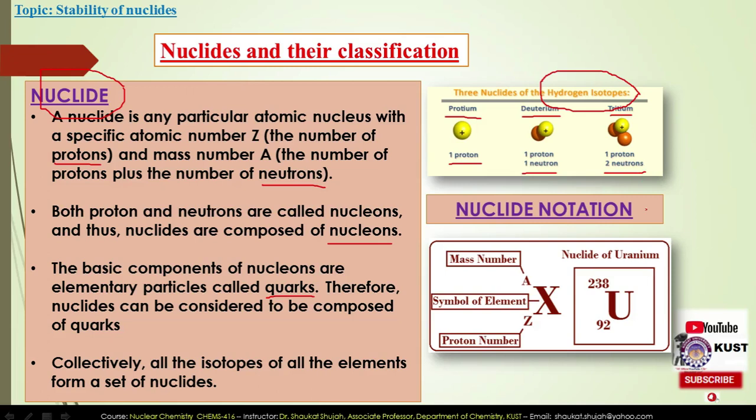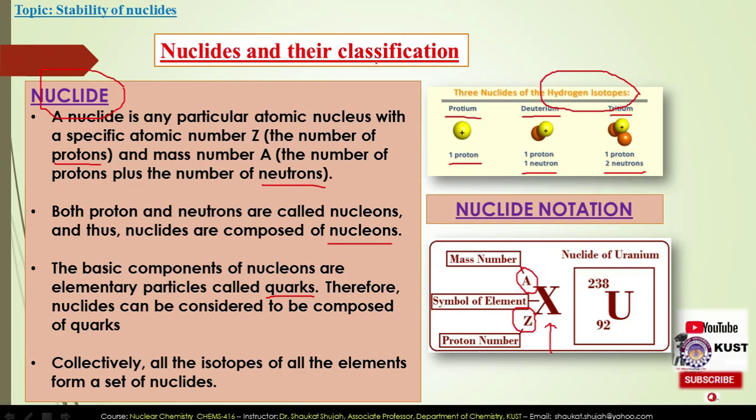These nuclides are represented by nuclide notation. And nuclide notation is a shorthand method of showing a nuclide. A standard nuclear notation shows the chemical symbol of the element, the mass number A, and the proton number Z of the nuclide.